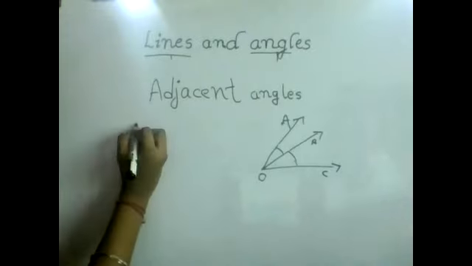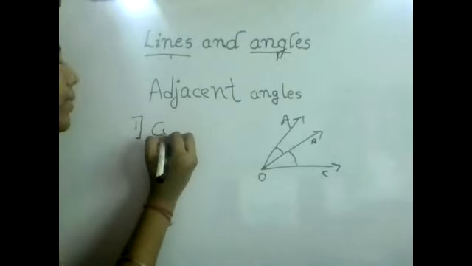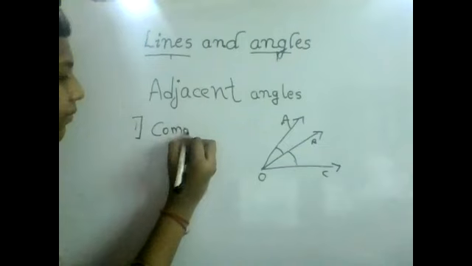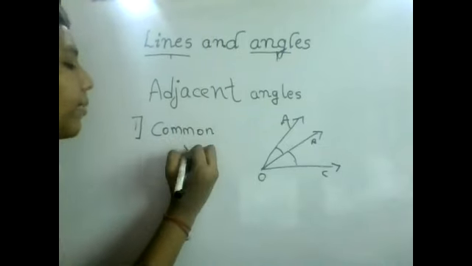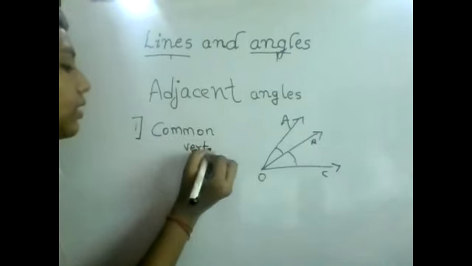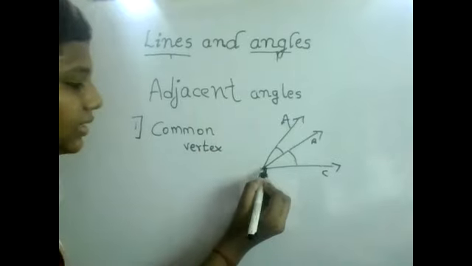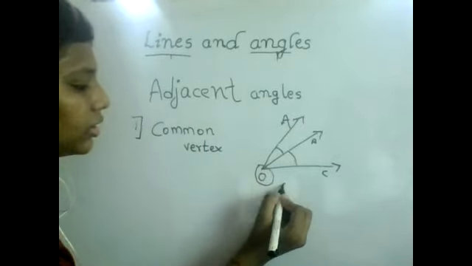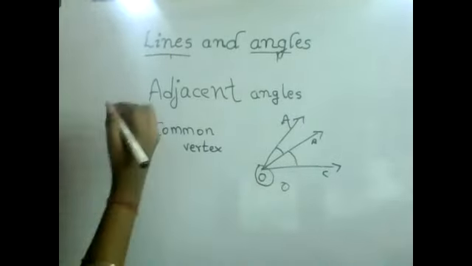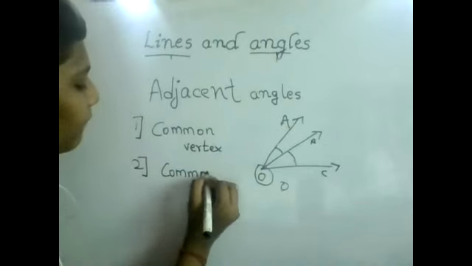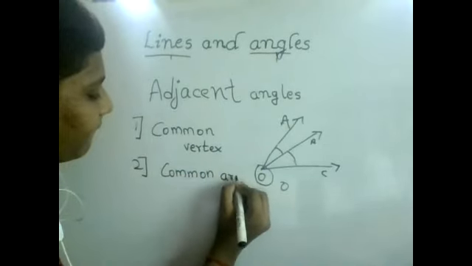The first rule is that they should have a common vertex. See, O is the common vertex. The second rule is a common arm.